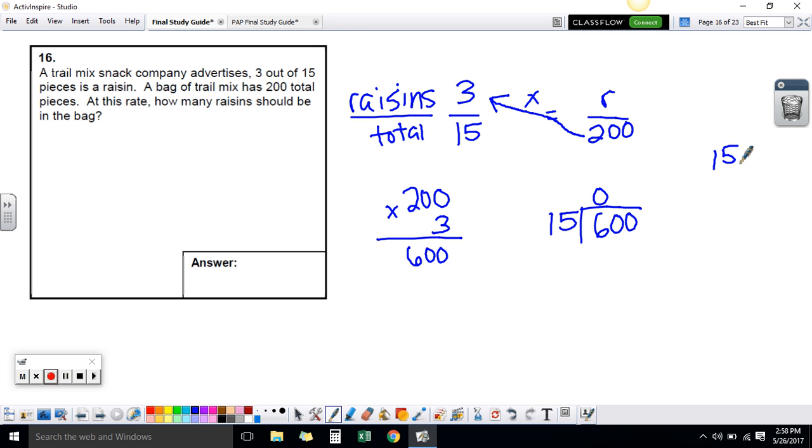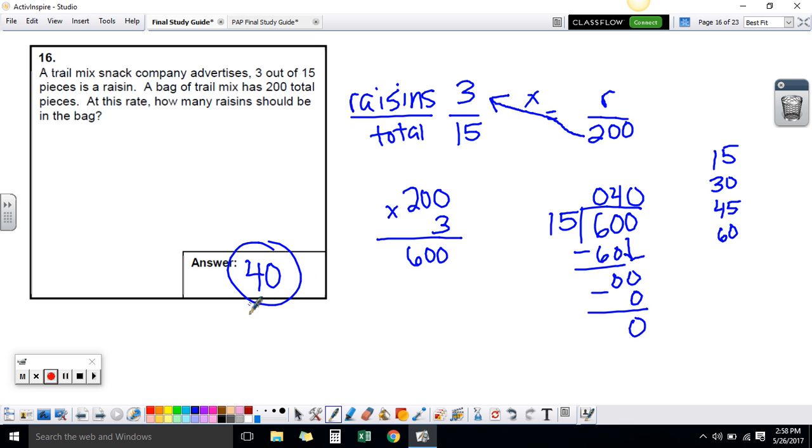Because I've got 15 times 1 is 15, times 2 is 30, times 3 is 45, times 4 is 60. So 15 times 4 is 60. Subtract, bring down that 0. 15 goes into 0 0 times. And now you have no remainder and nothing else to bring down. So there should be 40 raisins out of every 200.